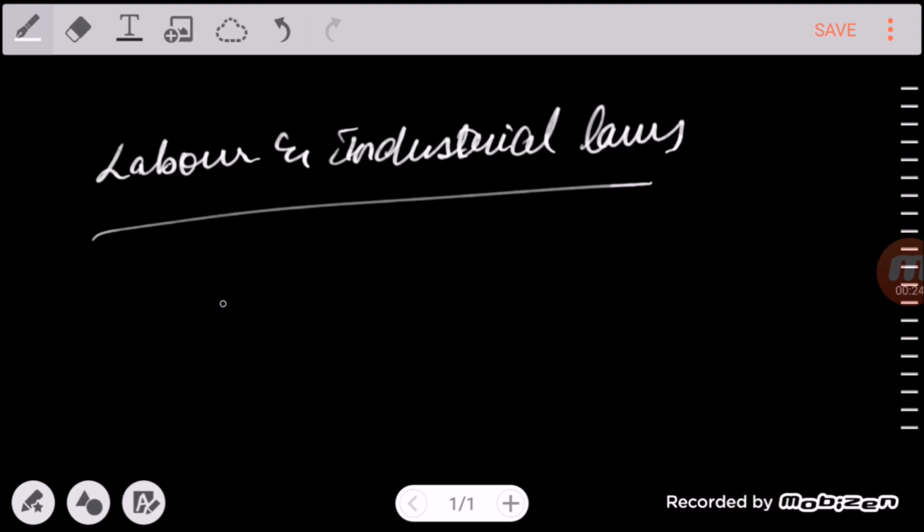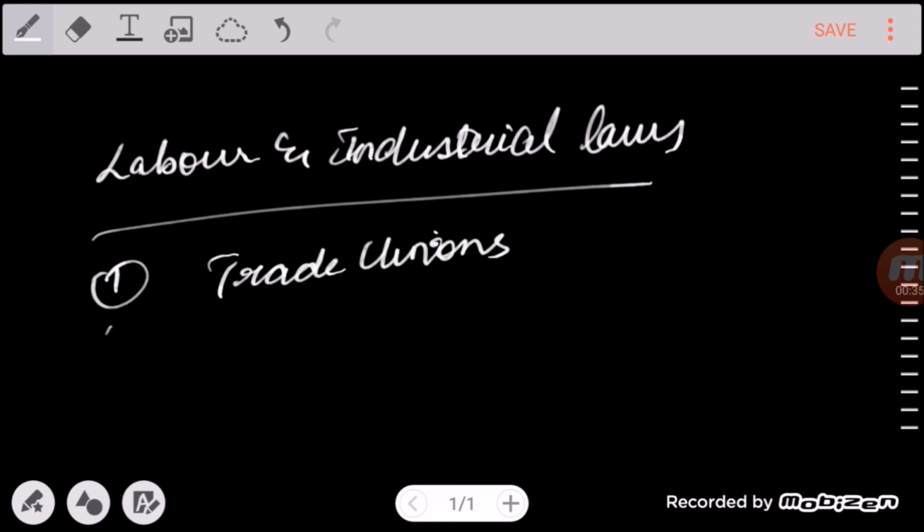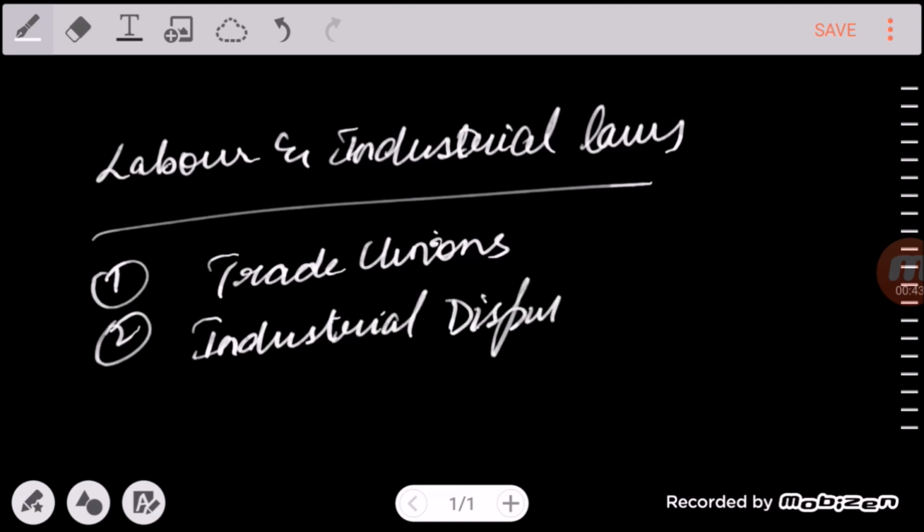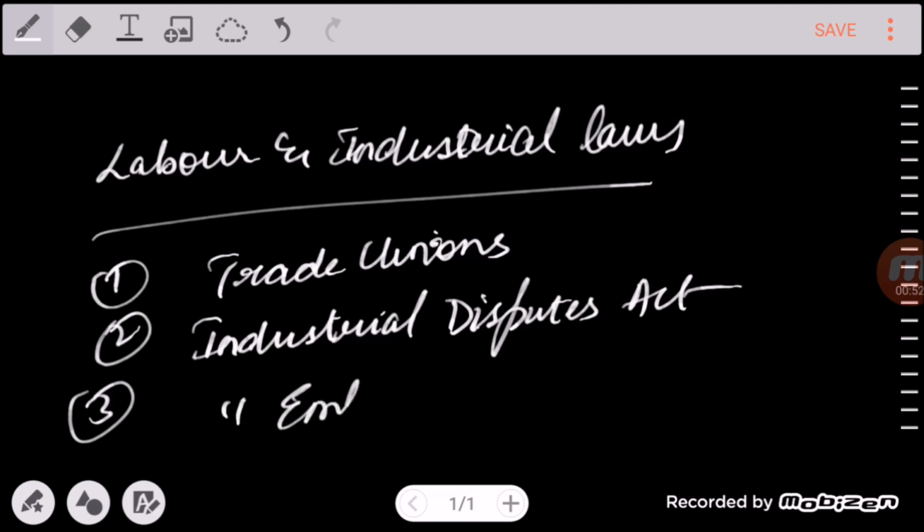The units that we will be discussing here are: Unit 1, Trade Unions Act. Number 2, Industrial Disputes Act. Number 3, Industrial Employment Act.